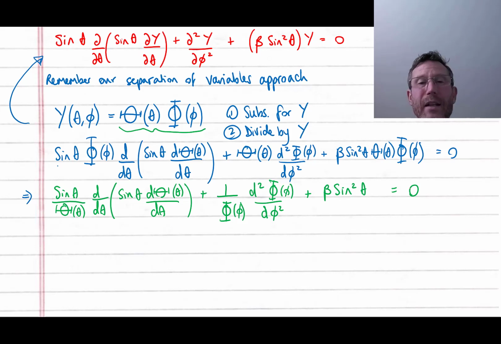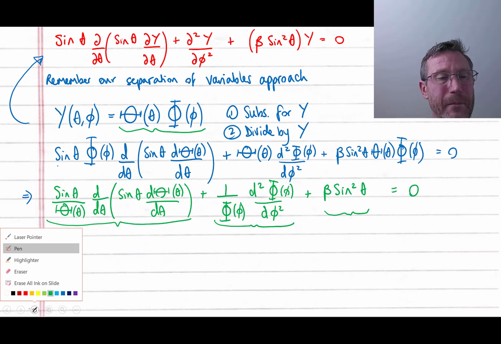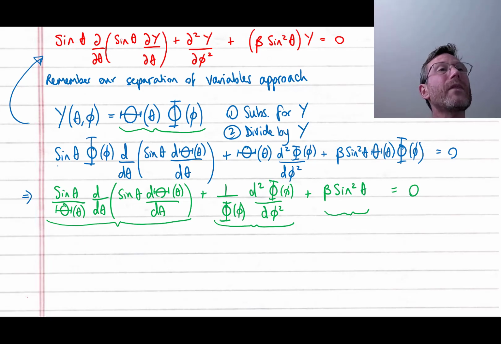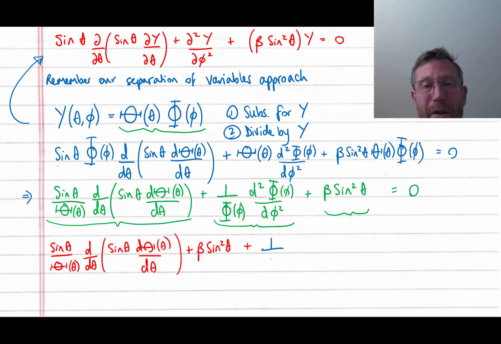And so the next thing we're going to do finally is say, okay, we've got a term in here that only depends on theta, and a term in here that only depends on phi. So let's collect those terms together. And so we end up with sine theta over theta d by d theta sine theta plus 1 over.